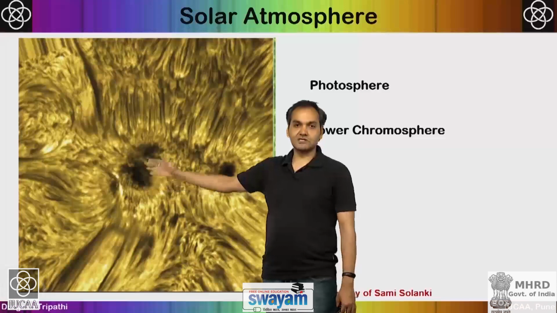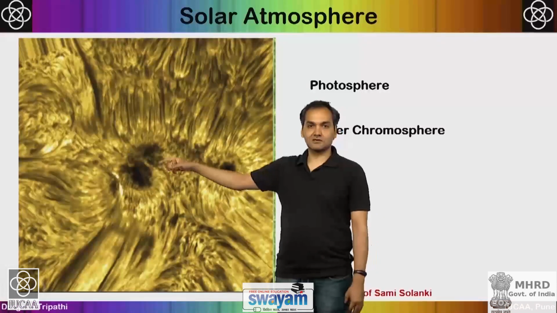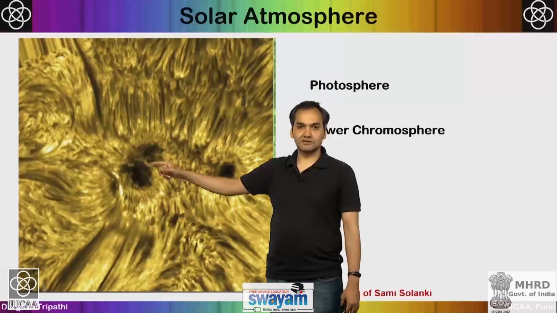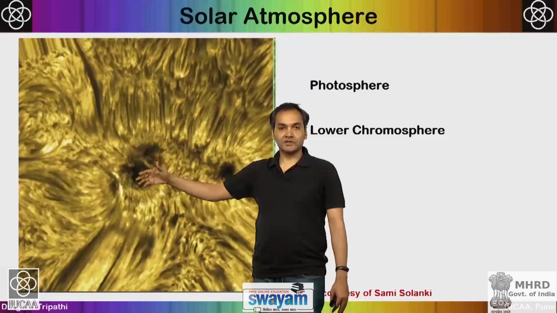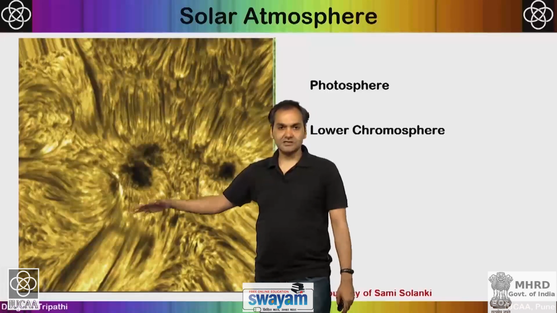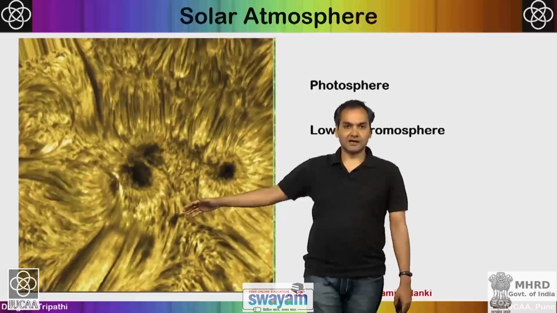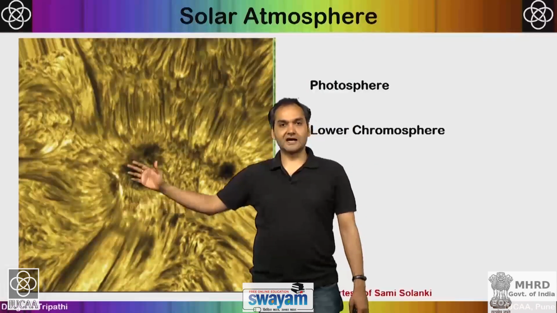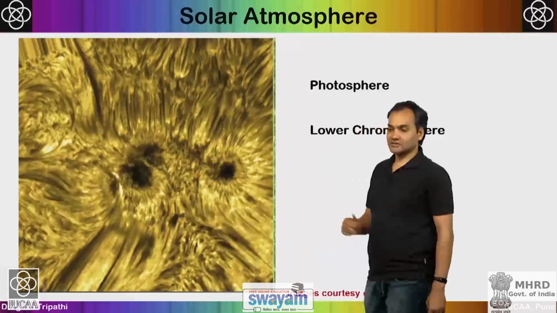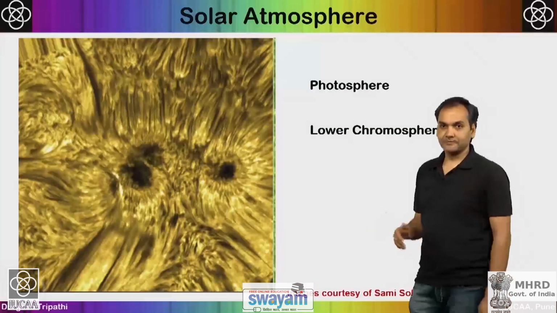You still have the sunspots and the structures within them, for example what we call the light bridge, but in addition you see all these structures coming out of the sunspot region, fibrils, and various dark and bright features that were not present in the solar photosphere.